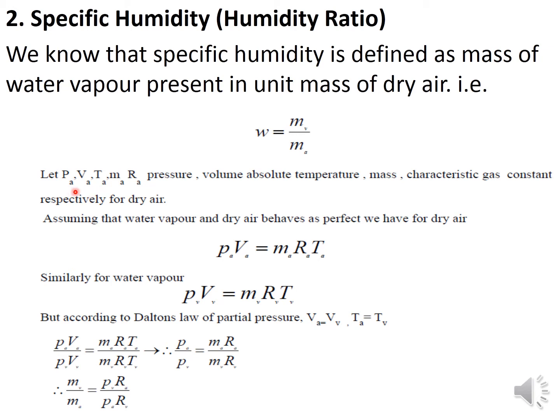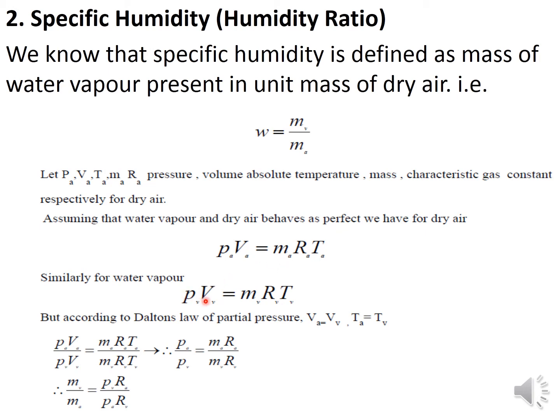Let PA, VA, TA, MA, RA be the pressure and characteristics of dry air, assuming water vapor and dry air behave as perfect gases. So PV equals MRT is applied for both dry air and water vapor. For dry air I will write PA VA equals MA RA TA.